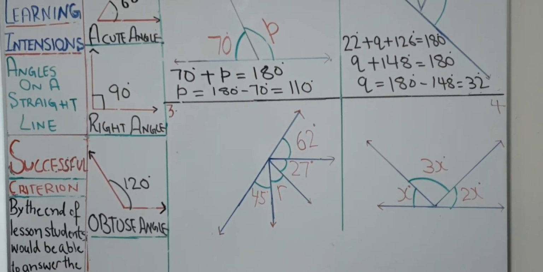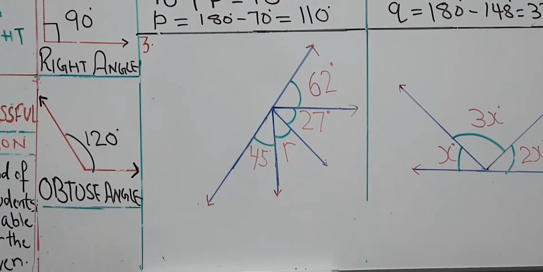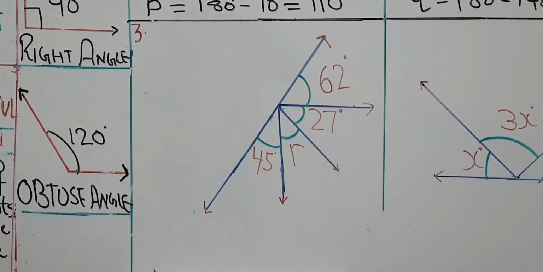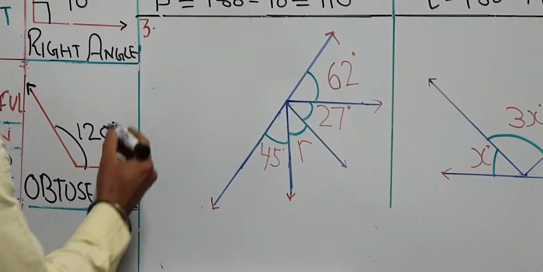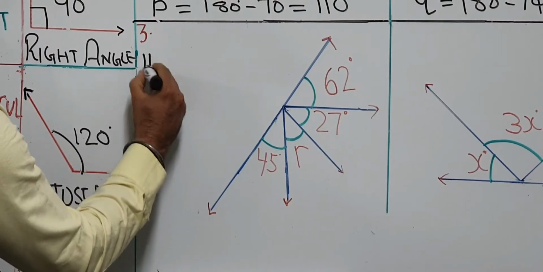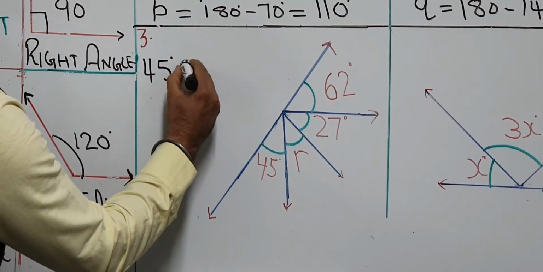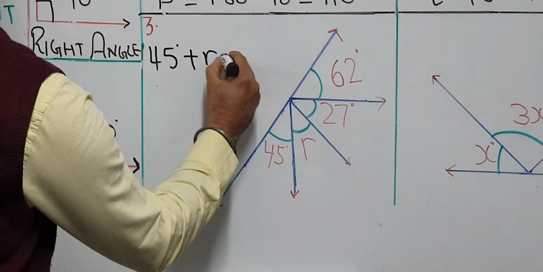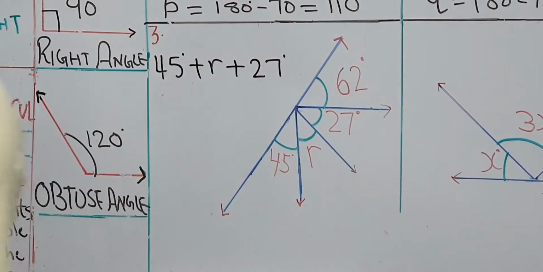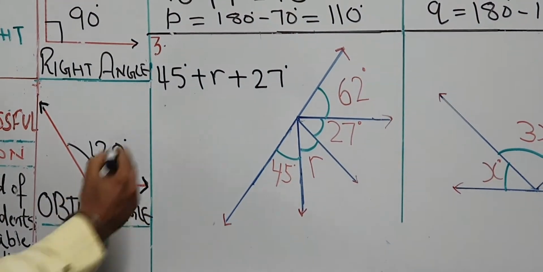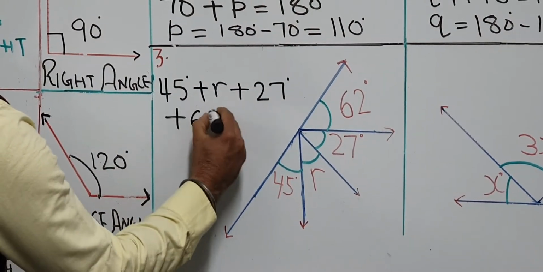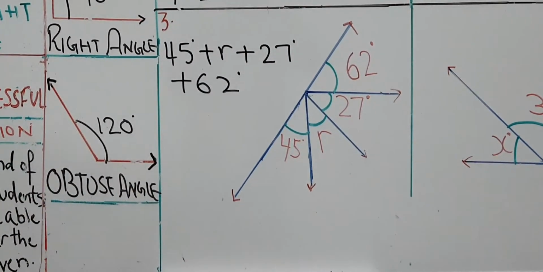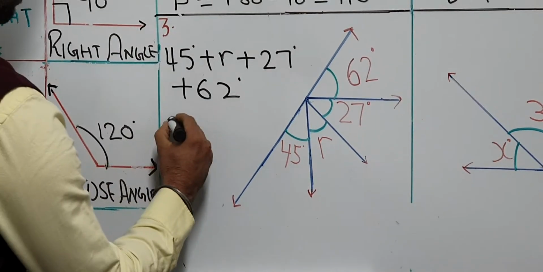Likewise, I'm going to move on to my third question. You see, three angles are given, and the last one missing is R. So I'm going to write it here: 45 plus R plus 27 plus 62. And that's going to come up with, angles on a straight line again is 180.